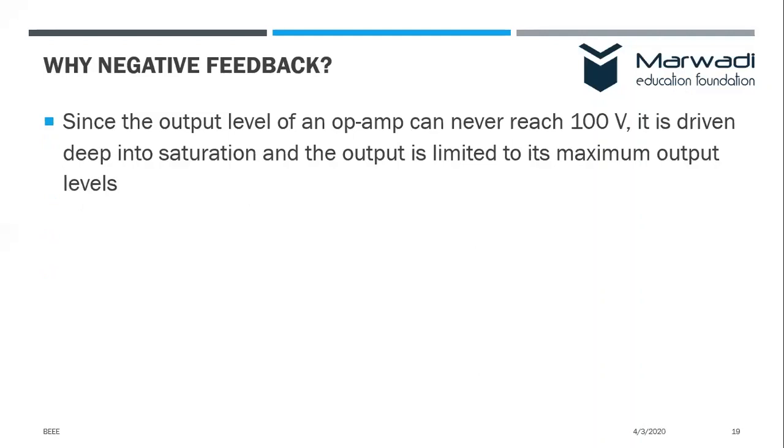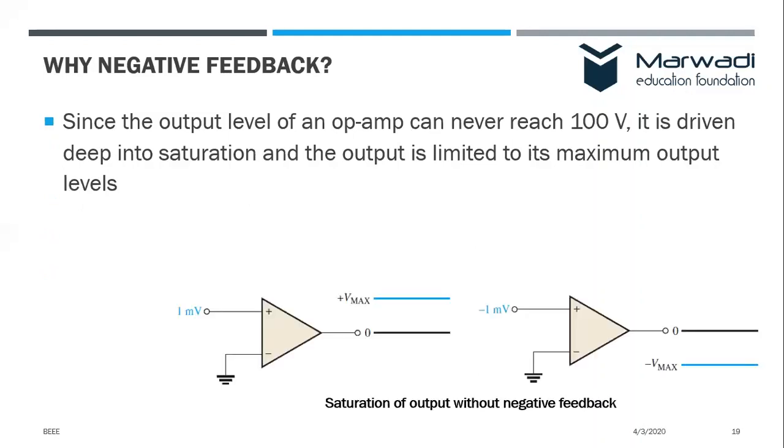We can never reach 100 volt because there is a saturation limit. The saturation limit is decided by how much voltage you have applied to the operational amplifier. Let us say we have applied plus V maximum at the positive terminal and minus V at the negative terminal.